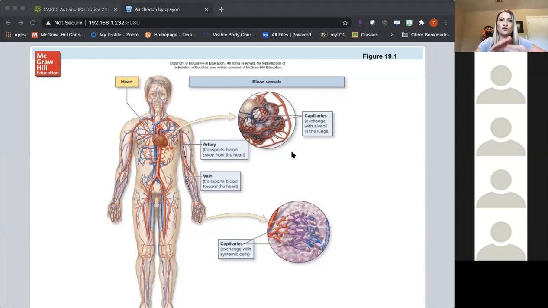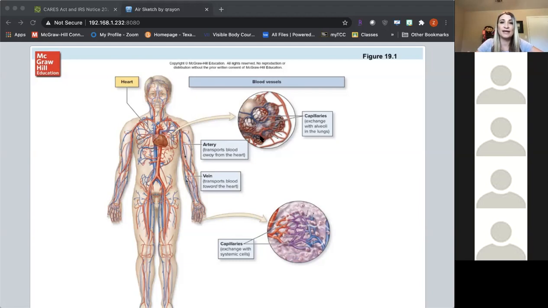But for now, you need to know that we have arteries, veins, and capillaries. Arteries carry blood away from your heart, and veins carry blood towards your heart. Capillaries are going to be the sites of the exchange. Only at the capillary level are you going to see things moving in and out of the blood. The larger vessels are too thick for things to move in and out of them.